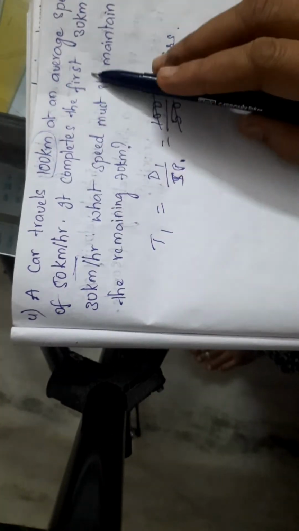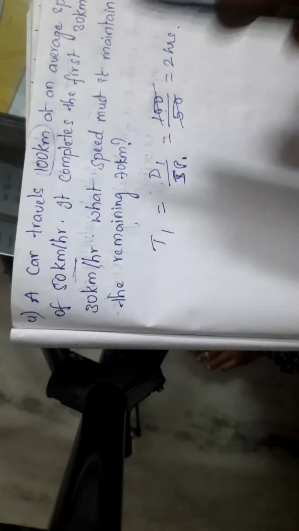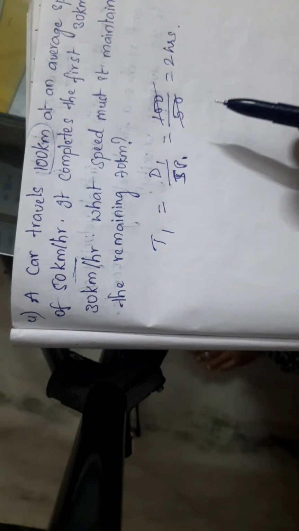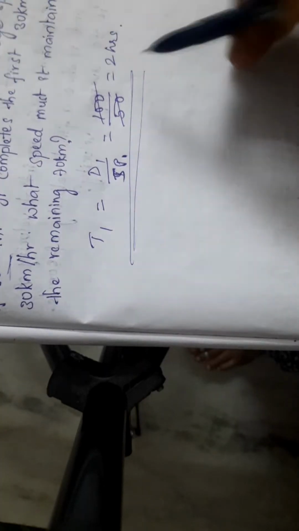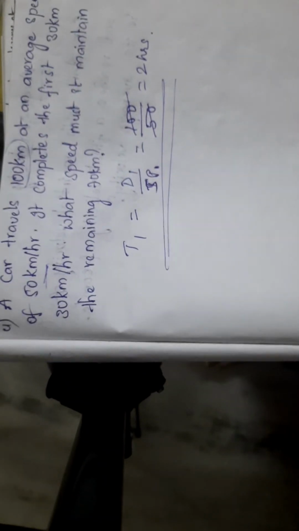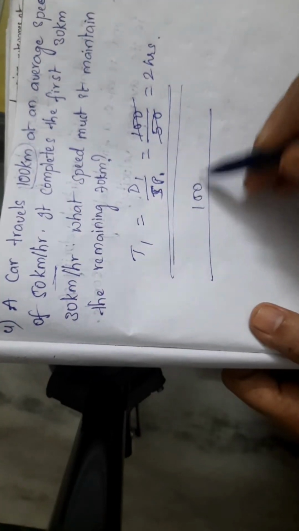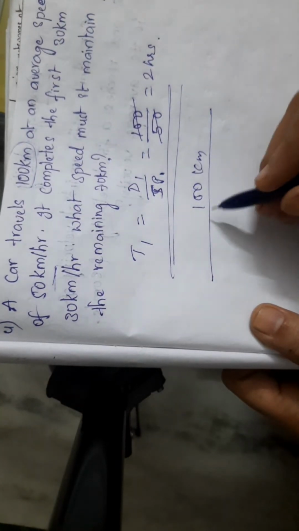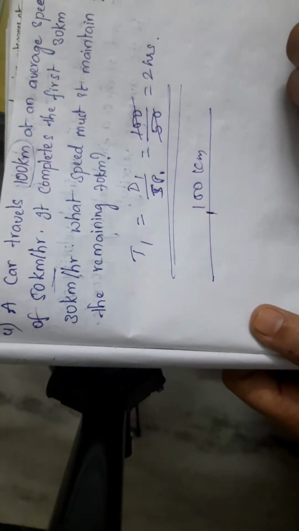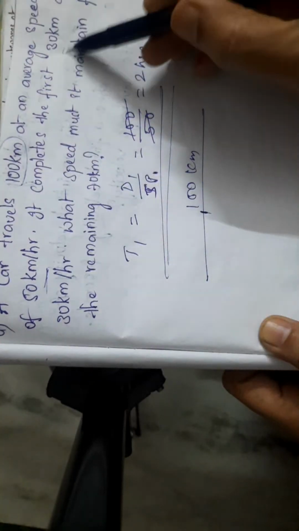It completes the first 30 kilometer at 30 kilometer per hour. So this is average speed given. Okay, here we need not find time actually. So once again, let's go through the question. A car travels 100 kilometer. So here total distance is 100 kilometer. Distance is being divided into two parts. So here in the first part, it covers 30 kilometer.